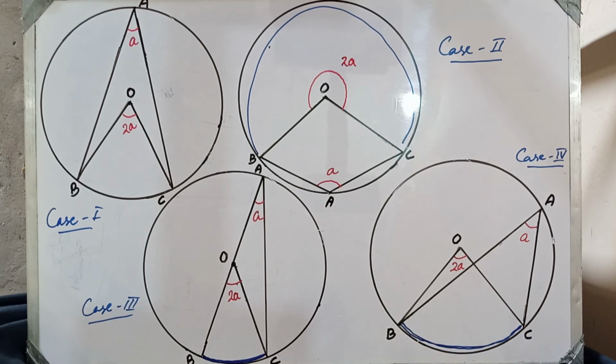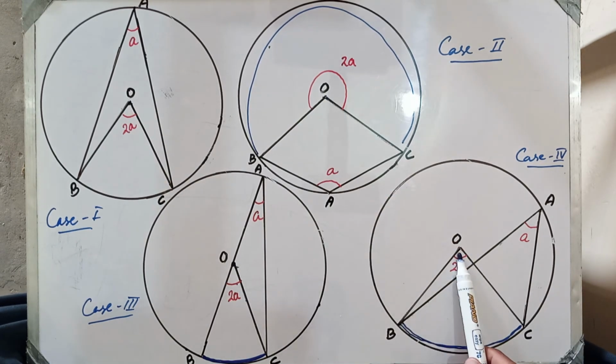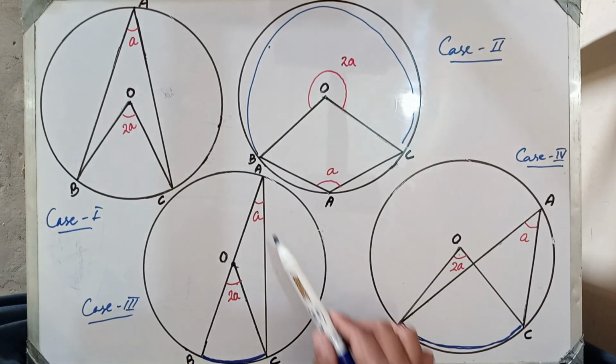So our circle property says, I repeat it again, if you observe in all these 4 cases, that the angle at the center of the circle is twice the angle at the circumference.